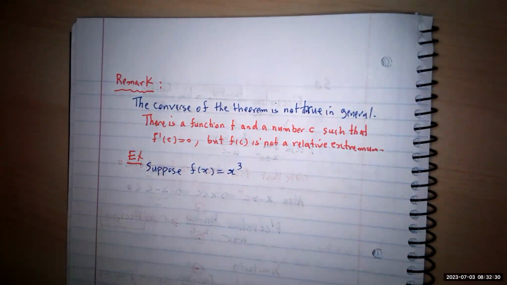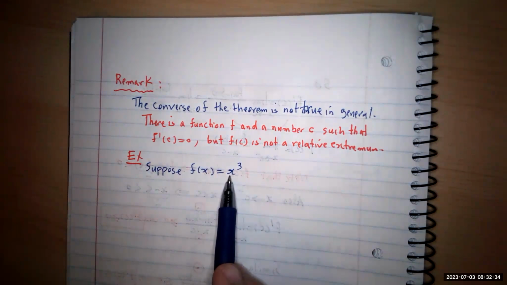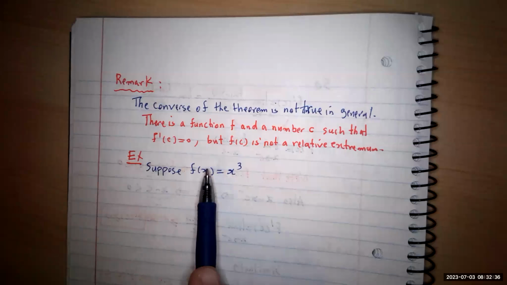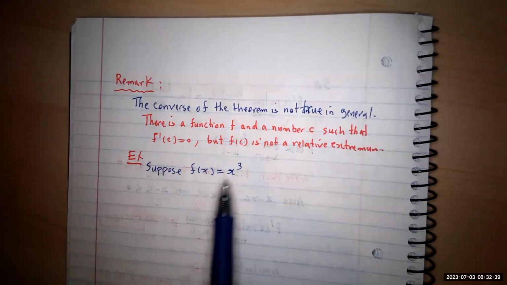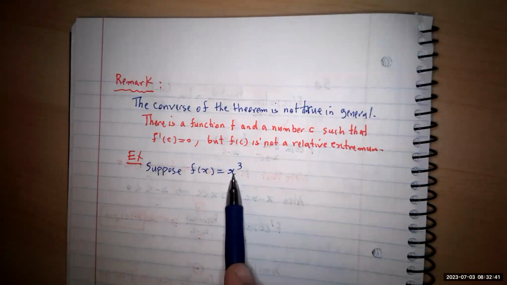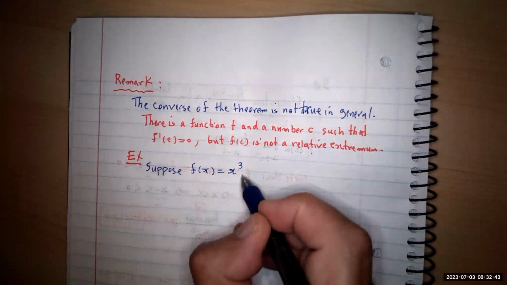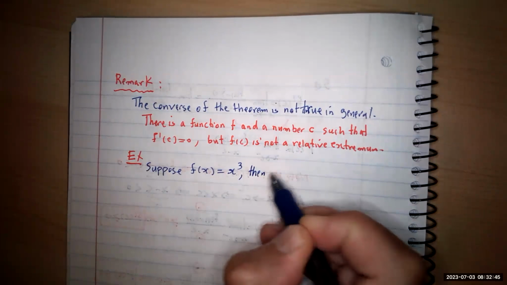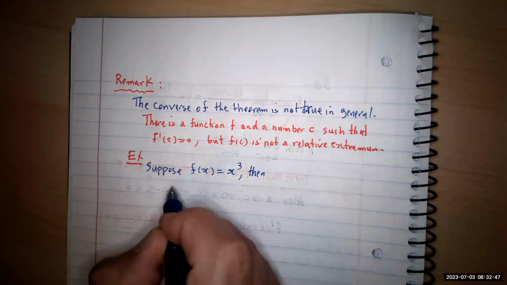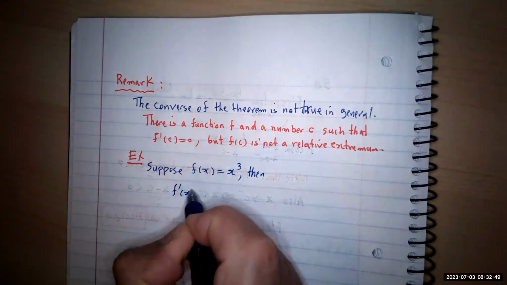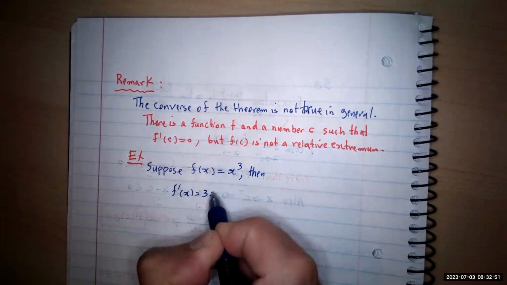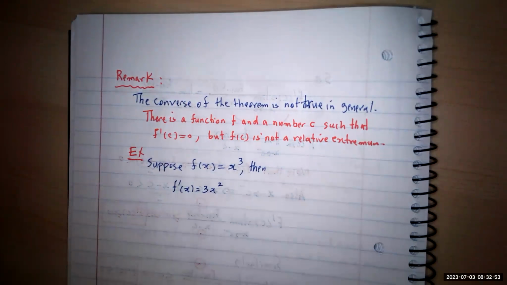Okay, look at this. So what we'd like to do is differentiate it and find the derivative of the function. You see, f prime of x would be what? 3x squared. That's the derivative. Let it equal to the 0.